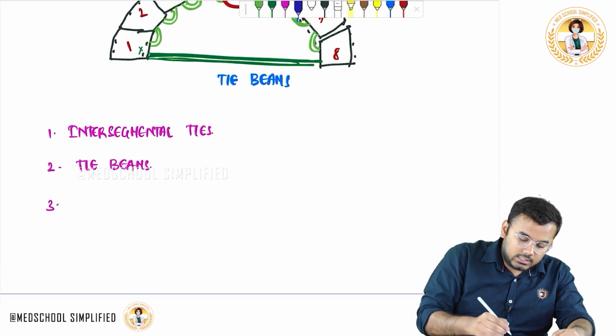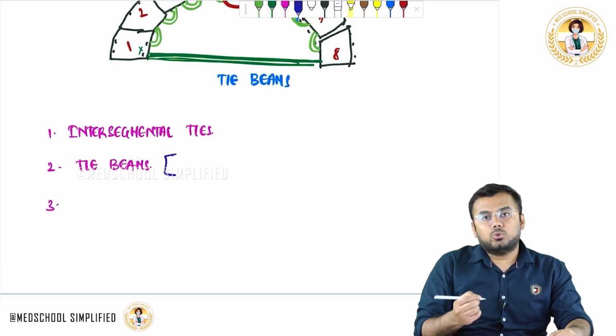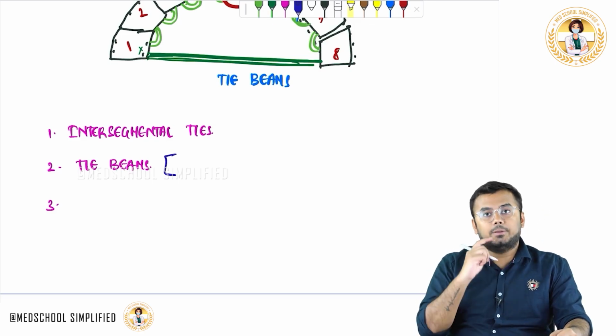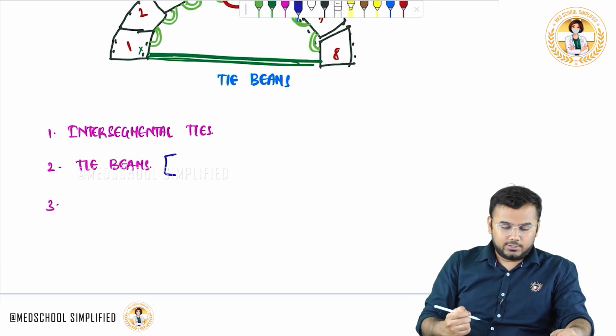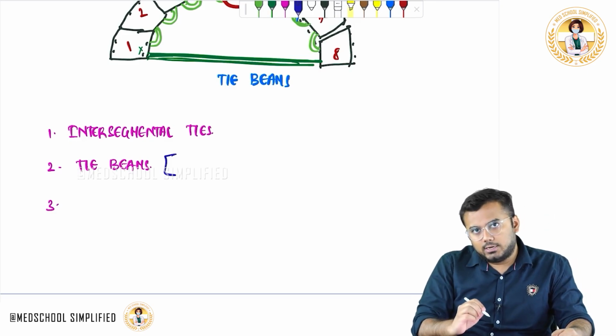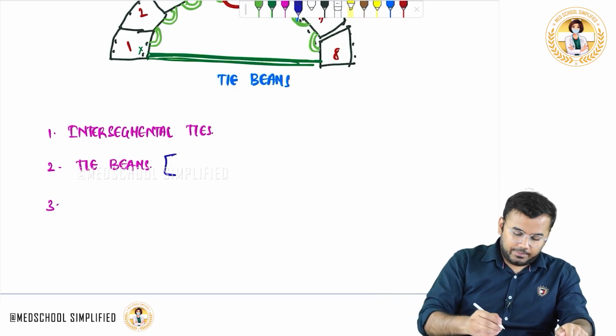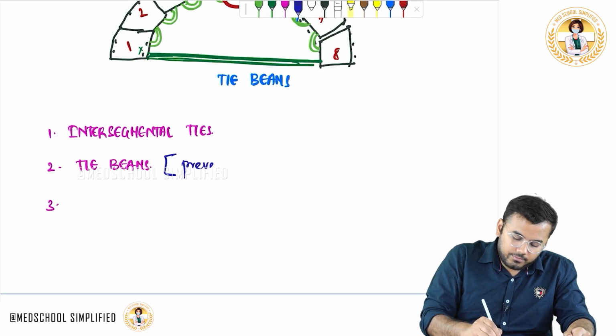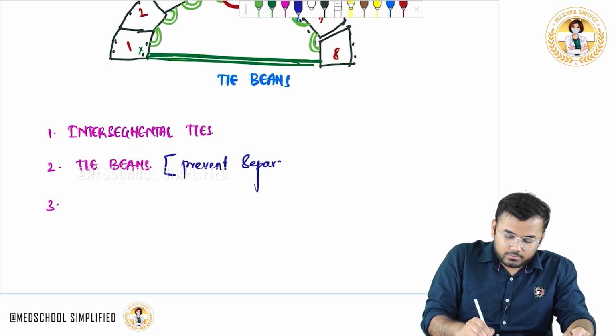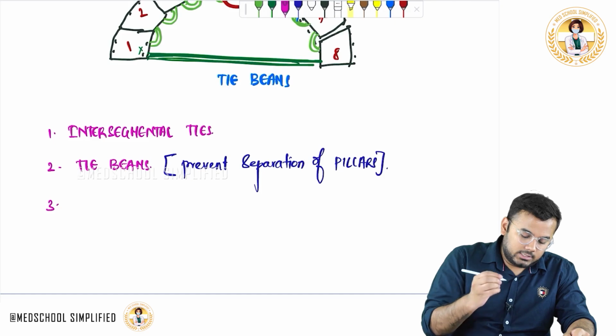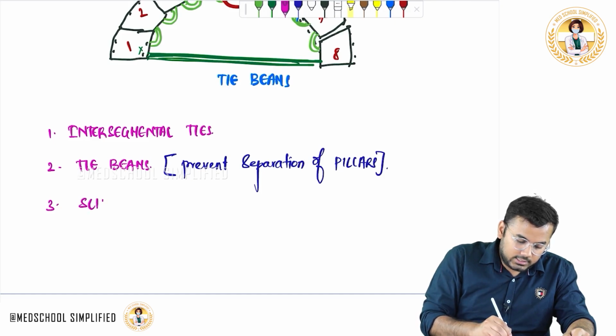So if someone is asking you what is the function of tie beams, you have to tell that these tie beams prevent the separation of pillars. So this is anterior, that is posterior. So anterior, posterior, they don't get separated. So they prevent separation of pillars.